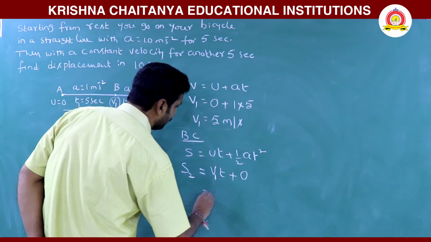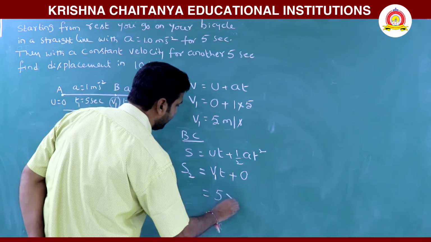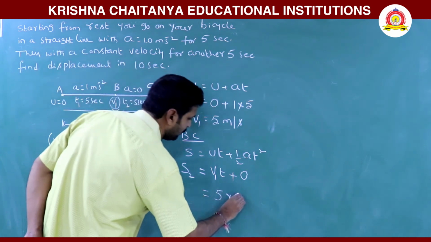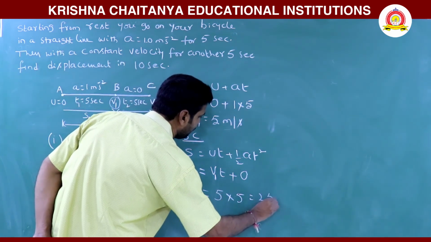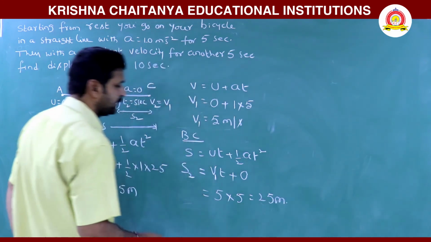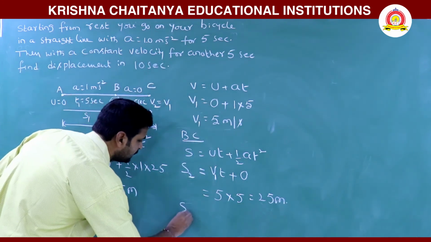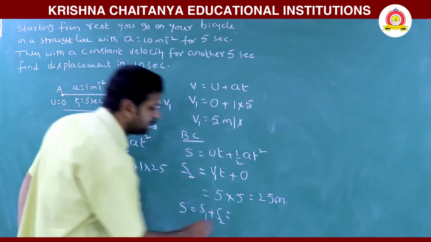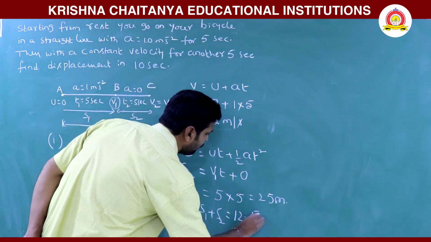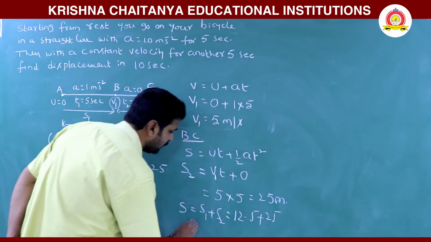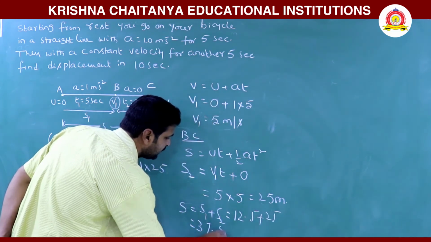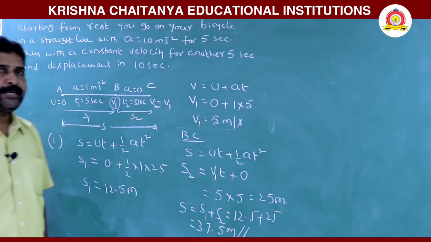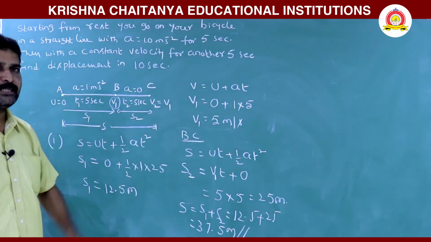So V1, what we derived, is 5 and the time we have taken is 5. So 5 into 5, 25 meters. Now the total distance travelled S is S1 plus S2, which is 12.5 plus 25. So the total distance is 37.5 meters. So this is the method.